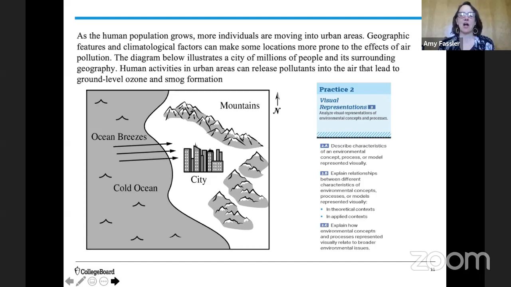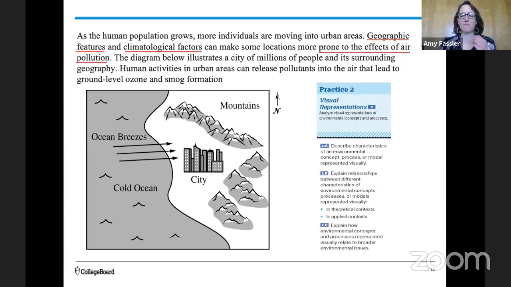This is our solution question, where we're looking at what's happening in urban areas as population grows and moves into these areas. We have geologic features and climatic factors that make some locations more prone to pollution.